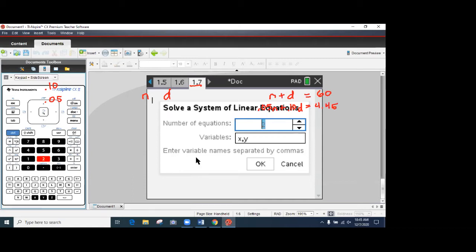All right. So we are going to switch these letters from X and Y. What two letters are we using here?